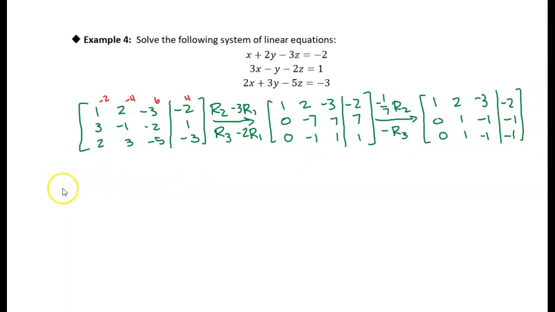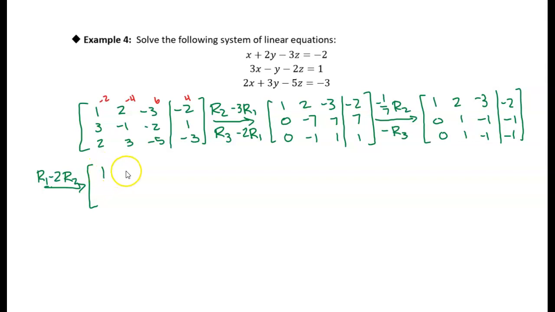So let's see. The next thing I want to do, I'll just put my little row operation here. I want zeros, right, above and below the 1 in the center. So one thing I might do is take row 1 and subtract 2 row 2, right? That'll give me a 0 in the second column.